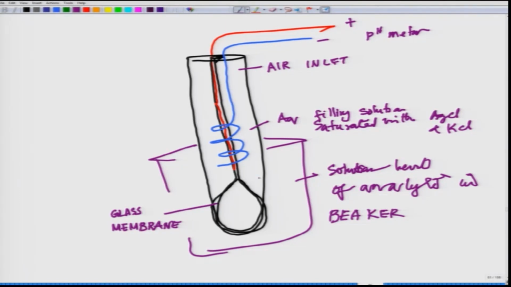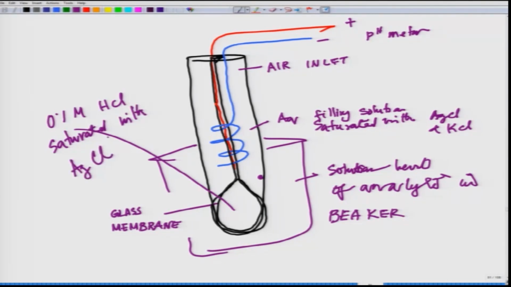And there are porous plugs which are a kind of problem, and out here you have 0.1 molar HCl saturated with AgCl, okay.